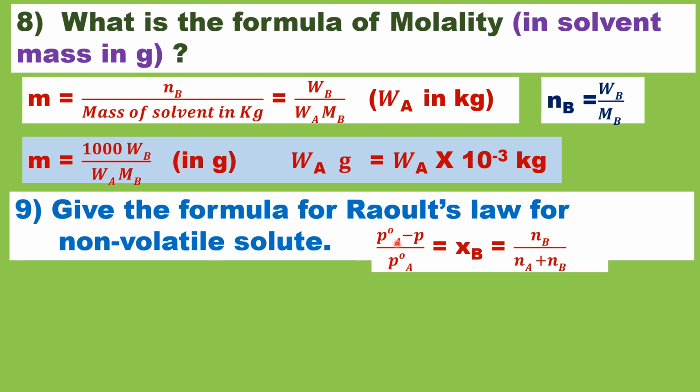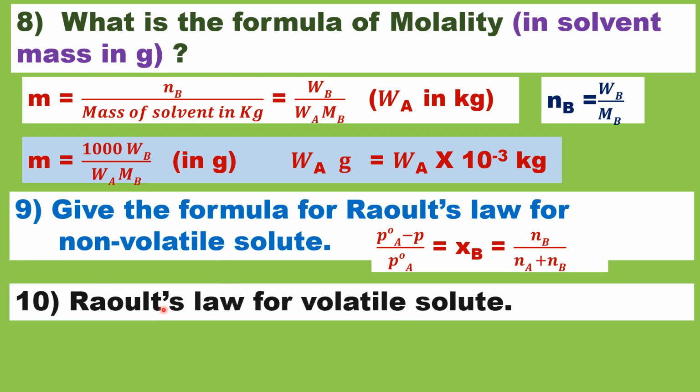P0 A is the vapor pressure of pure solvent minus P, where P is the vapor pressure of the solution after adding solute to it, divided by the vapor pressure of the pure solvent. This is the lowering of vapor pressure. So the whole term is called relative lowering of vapor pressure, which is equal to the mole fraction of solute. What is XB? Mole fraction of solute is equal to NB by total number of moles.